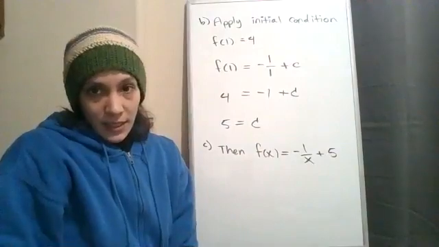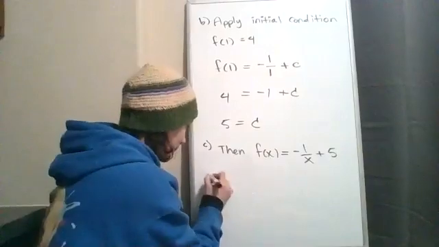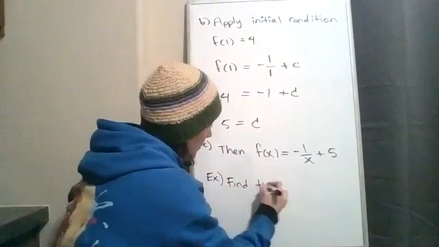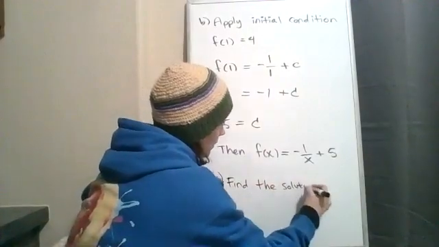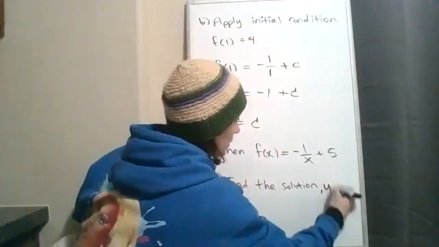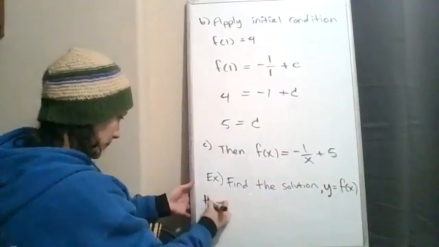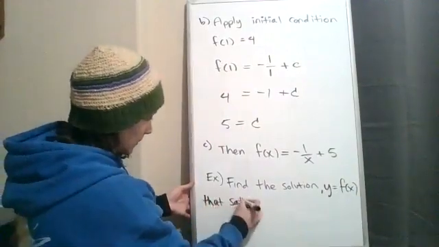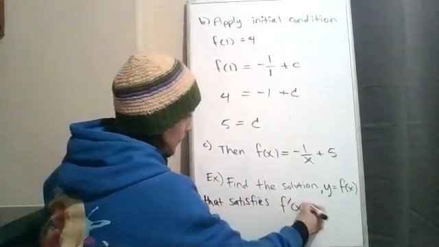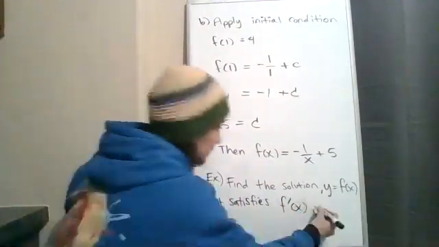I've got another one of these, and then we're doing word problems. Okay. Your DE is, I've got -2 sine of x.